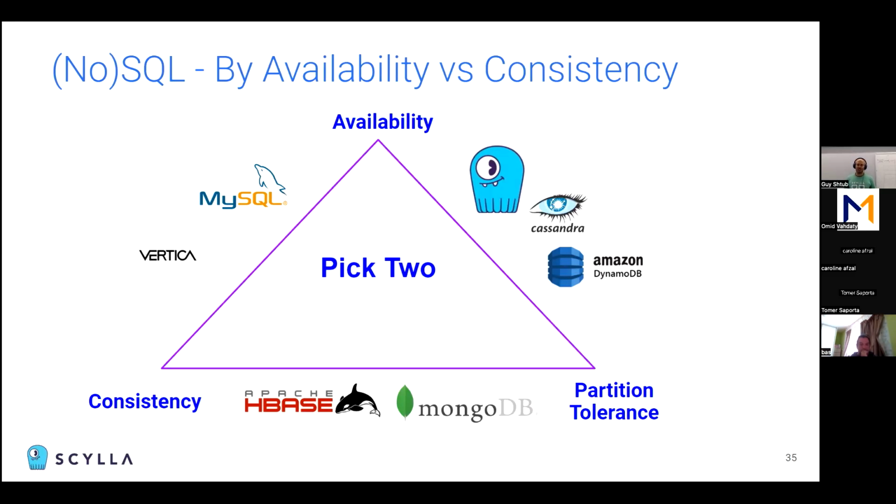And we have other examples here. Of course, these are just random examples that I wrote. So MySQL, for example, gives preference to consistency over availability. And you can see other examples as well. The idea here is that there are trade-offs between these three traits, and we have to give preference to some over others.